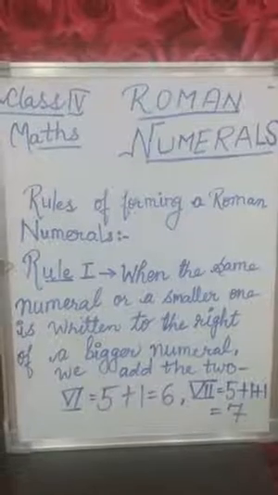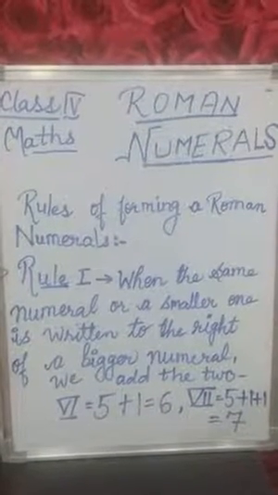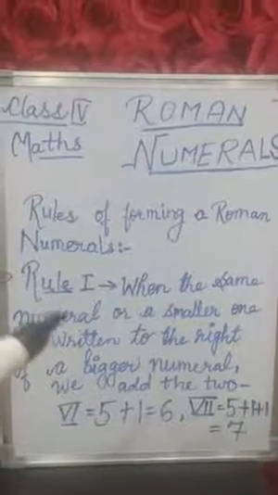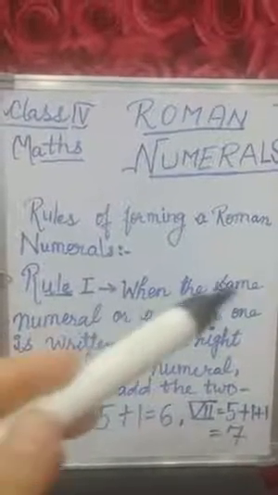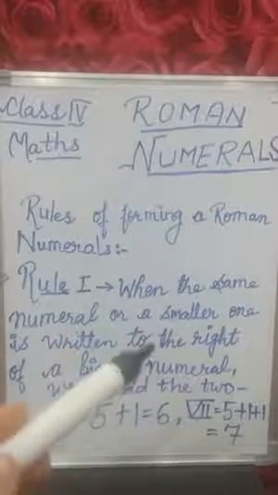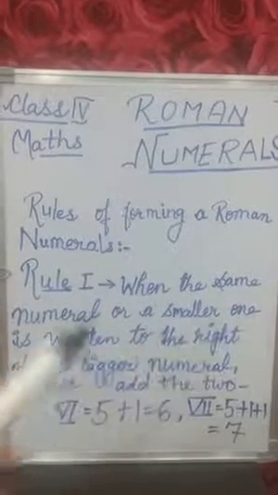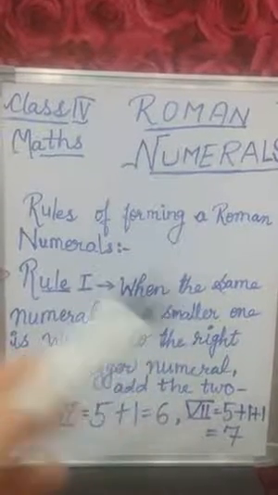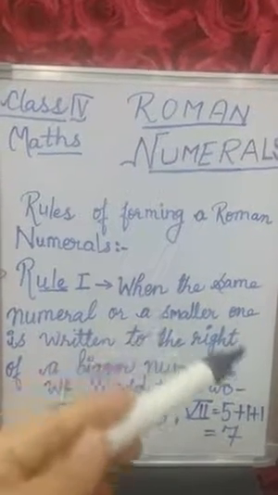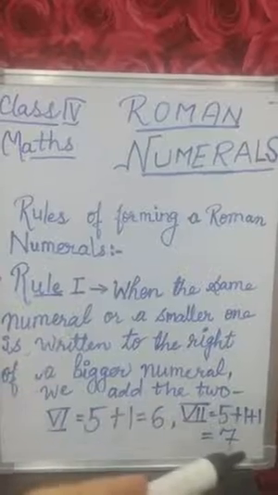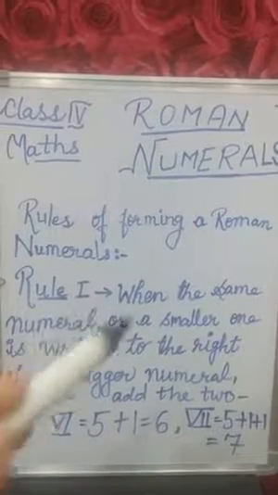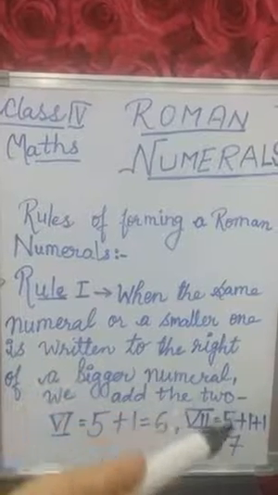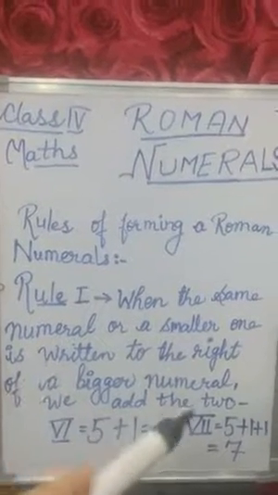Okay? Now, let us study the rules of forming Roman numerals. Rule 1. When the same numeral or a smaller one, again I am repeating, when the same numeral or a smaller one is written to the right of a bigger numeral, we add the two.